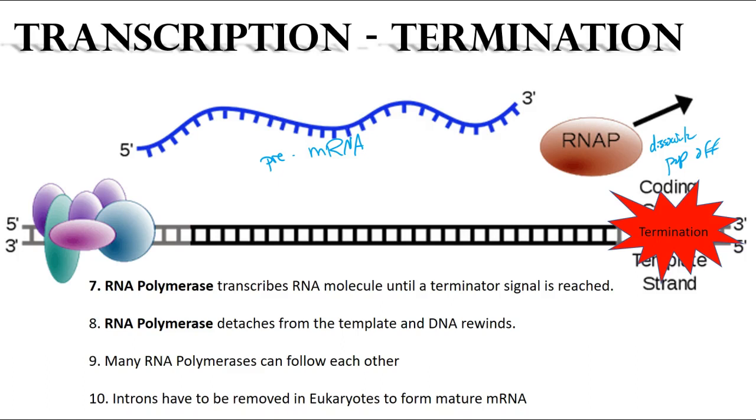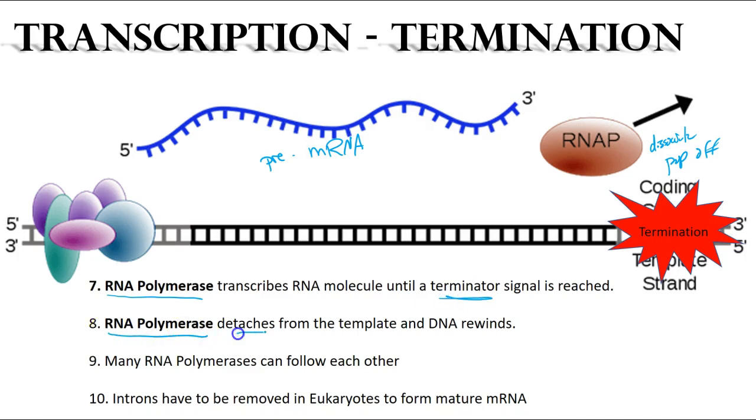But I wanted to go through this process really quickly, but also slowly, in order for you to fully understand transcription from an initiation, elongation, and termination standpoint. RNA polymerase is going to move down this DNA molecule until that terminator signal is reached.